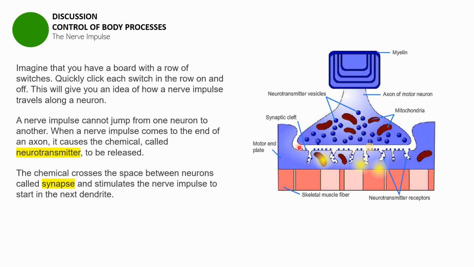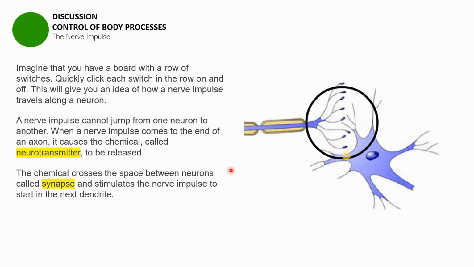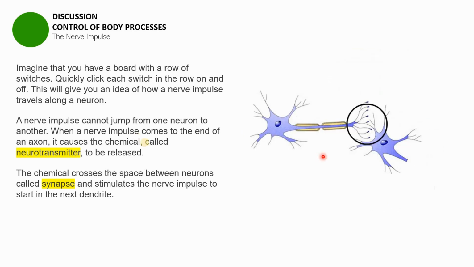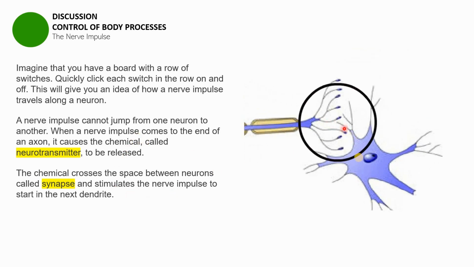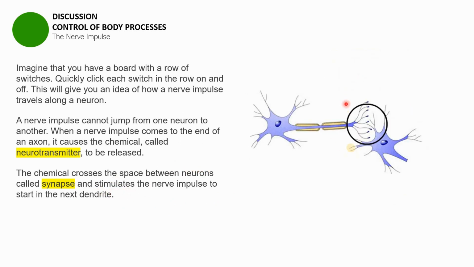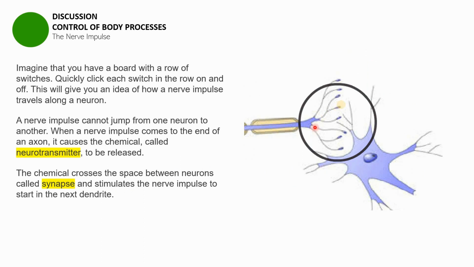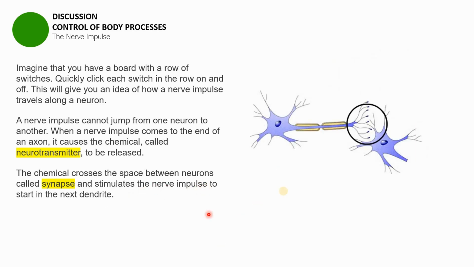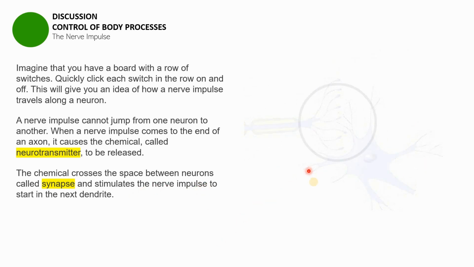Ayan, may space kasi dyan, di ba? It causes the space between neurons, and that space is actually called a synapse. In this case, that's the synaptic depth. Again, the space between these neurons is called a synapse. And yung mga chemicals na nanggagaling from the axon has the ability to cross that space and stimulate the nerve impulse to start in the next dendrite.